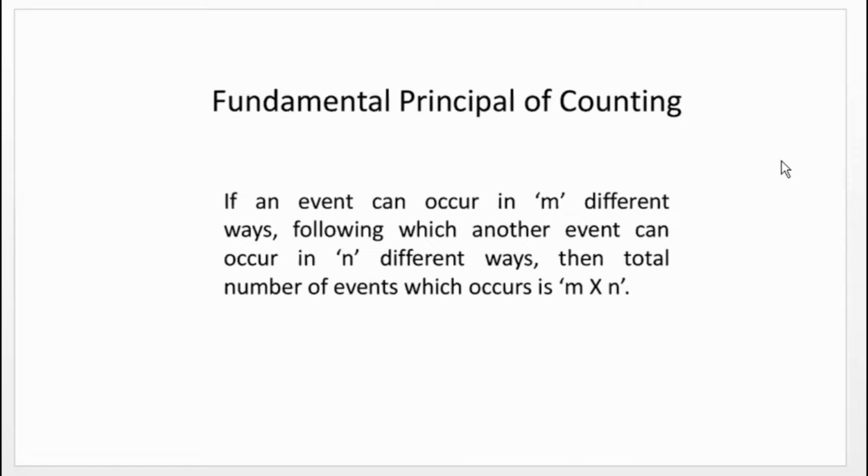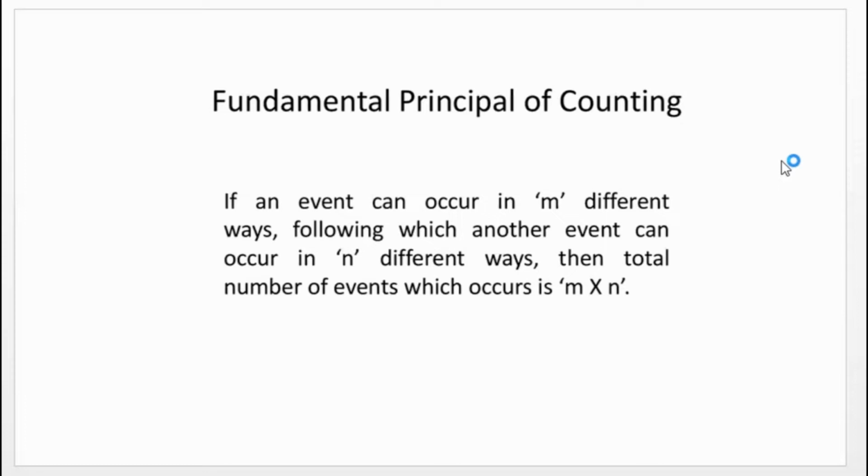Then the total number of possibilities of the events occurring, we can multiply m with n, right?